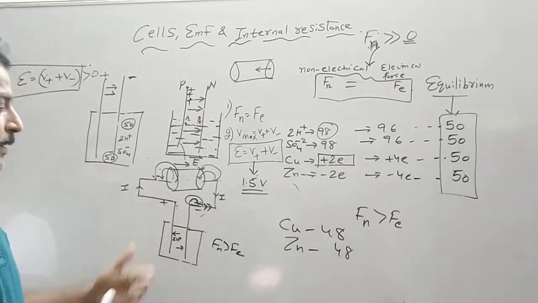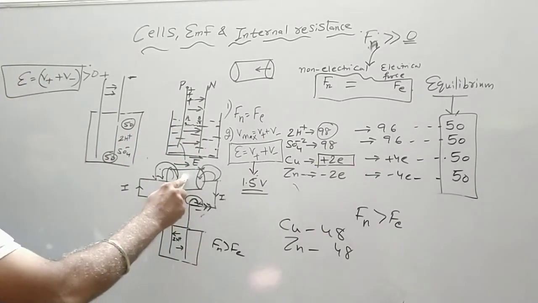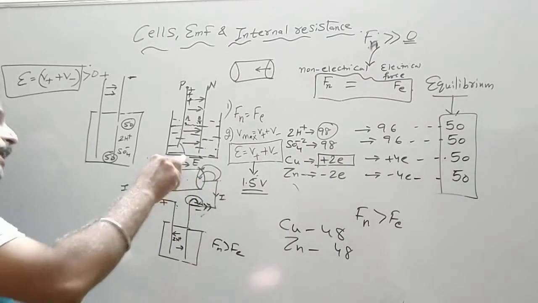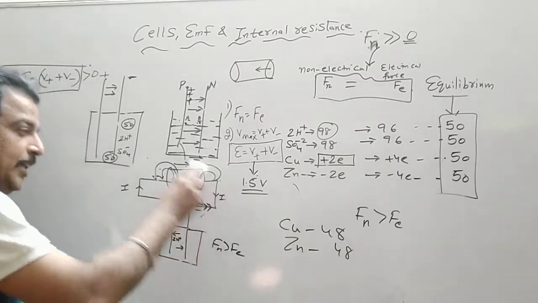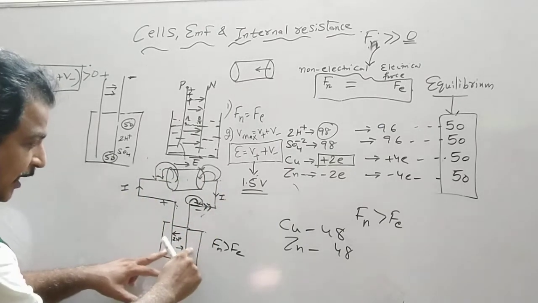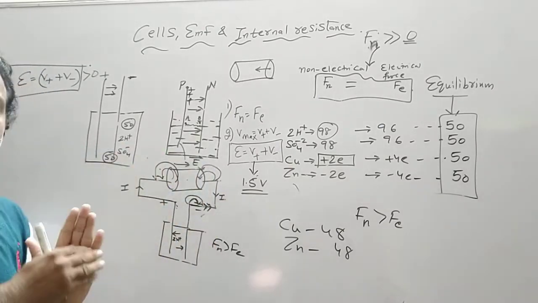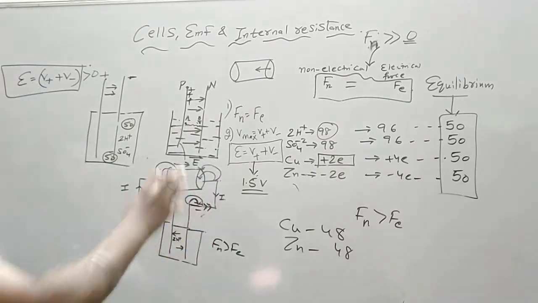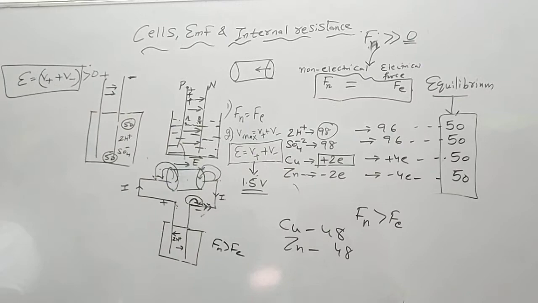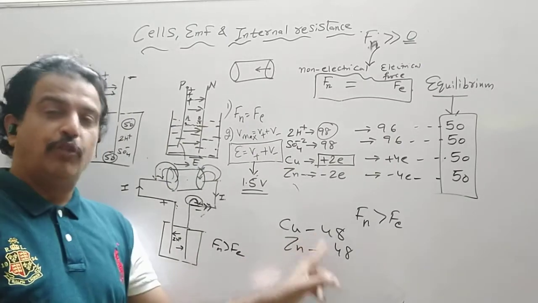Why? Because when I connect a device with some resistance, say a remote control, the motion of the two electrons has taken place. So this chemical energy will be converted into light energy or any other energy because the device is connected. Now what happened? This becomes 48-48.